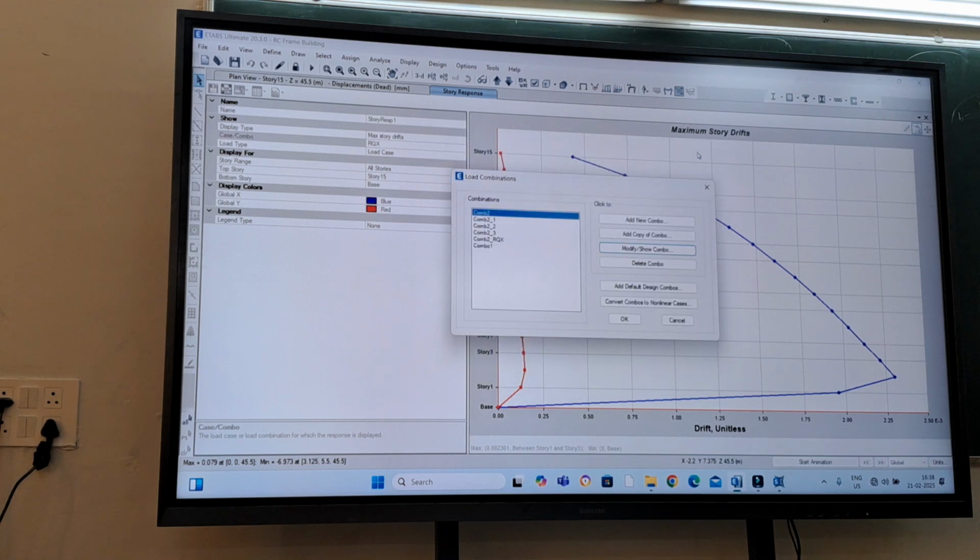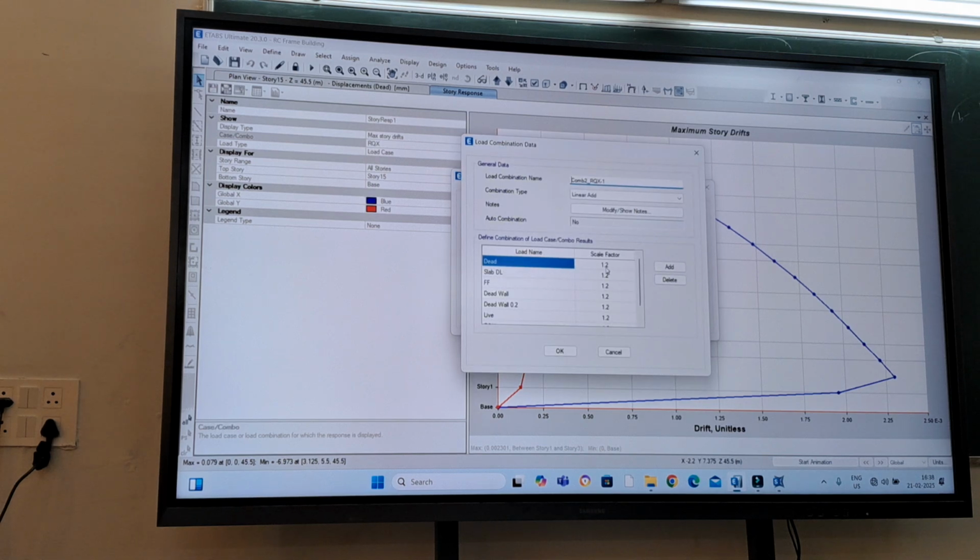You can create. Just make all those factors as 1 instead of 1.2. Make all these as 1. Okay, and do not apply any base shear correction to the RSX force. Okay. Then let me create one. Just make all this 1. And this is 1, and this you have to remove.